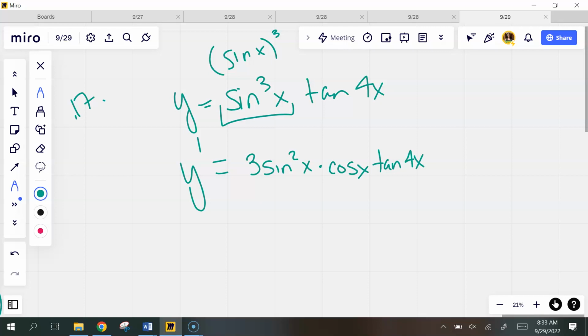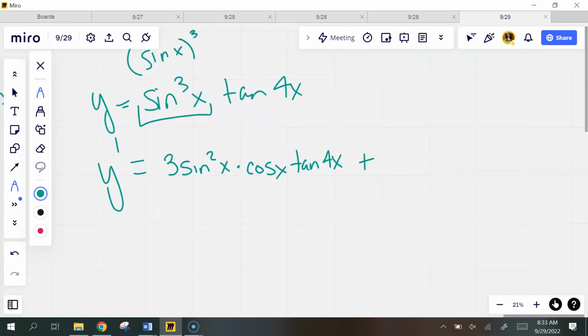Y'all okay there? Plus the first times derivative of the second. What's the derivative of tangent? Secant squared.